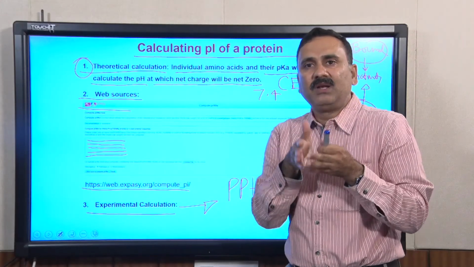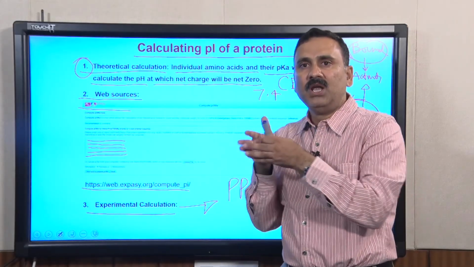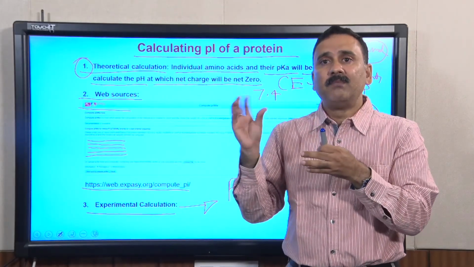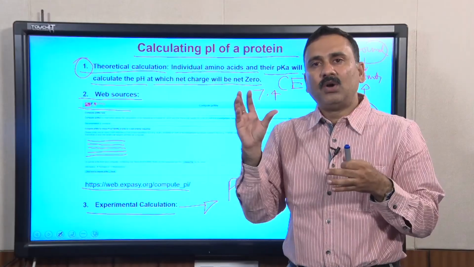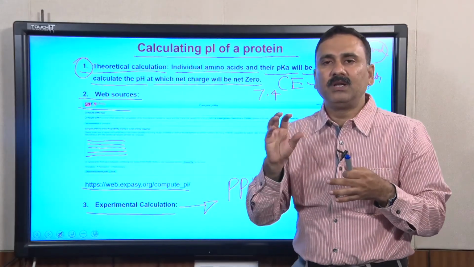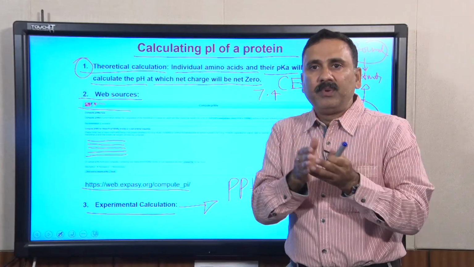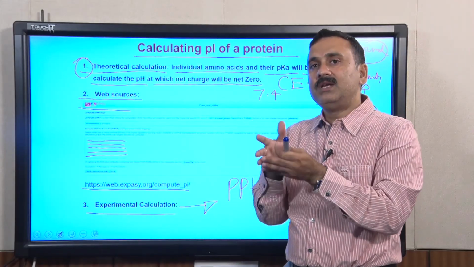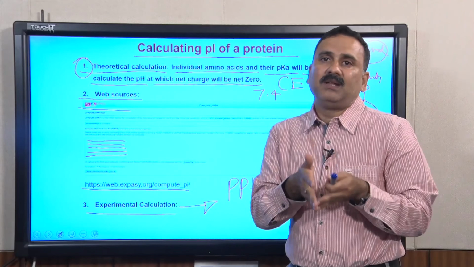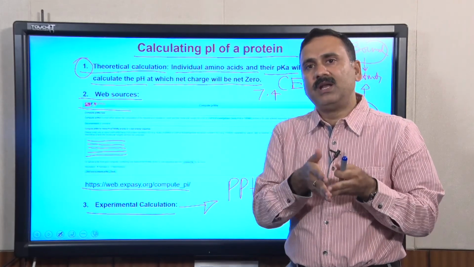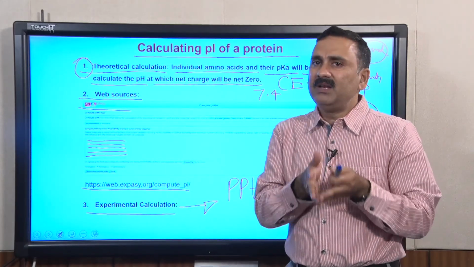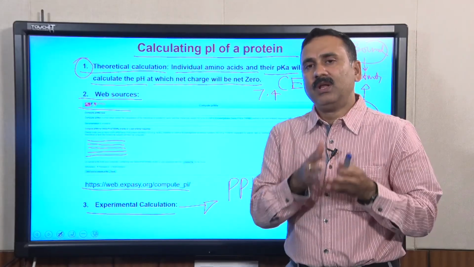As soon as the protein starts coming out of the solution, it is going to form particles, which means it is not going to be soluble, and that is how it is going to give you more and more scattering. The pH at which the scattering is highest is the pI value, and that is how you can calculate the pI values very precisely.